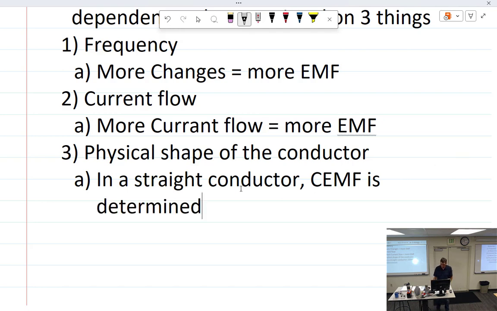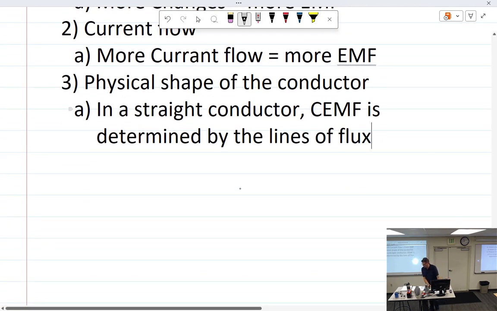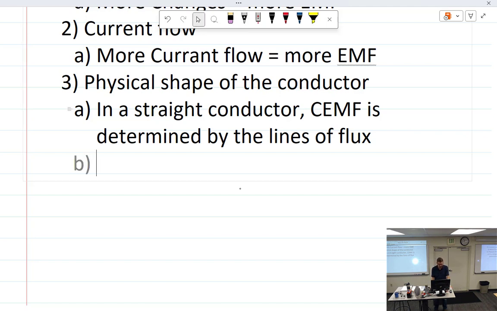Wow, that was pretty good. It's like this thing is learning me. And there's really not many lines of flux. It's straight, so it's really not an issue. In a straight conductor, counter EMF is really not that much of a deal. So you don't get a whole lot.